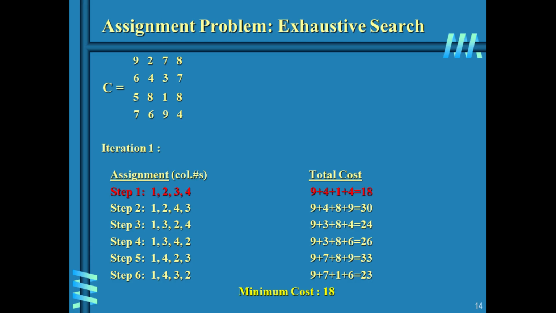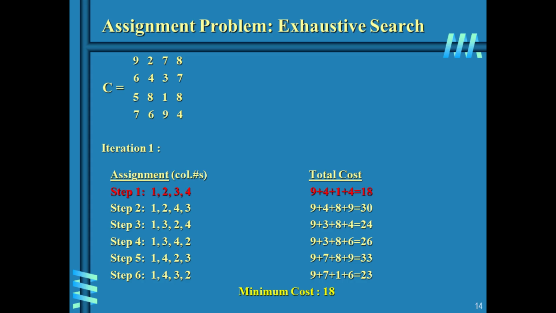Coming to step number 5 of iteration 1, assigning job 1 to person 1, job 4 to person 2, job 2 to person 3, and job 3 to person 4, whose total cost is 33. Coming to the final step of iteration 1, assigning job 1 to person 1, job 4 to person 2, job 3 to person 3, and job 2 to person 4.